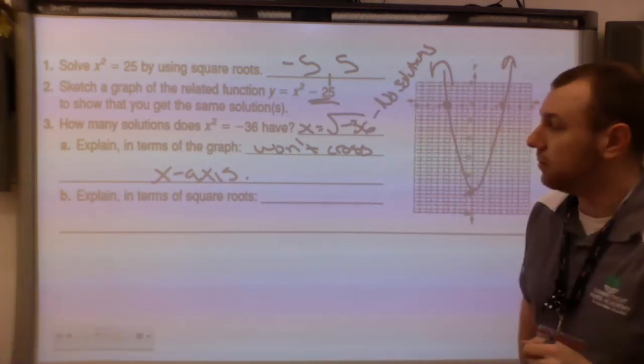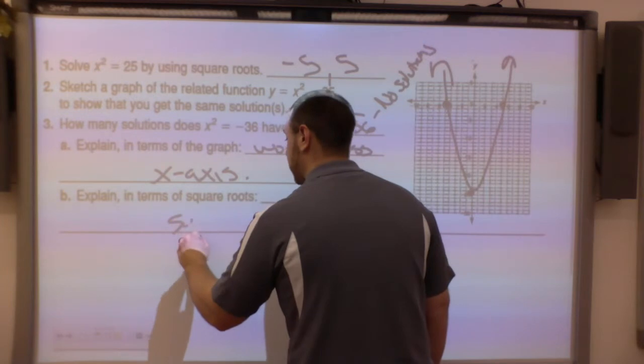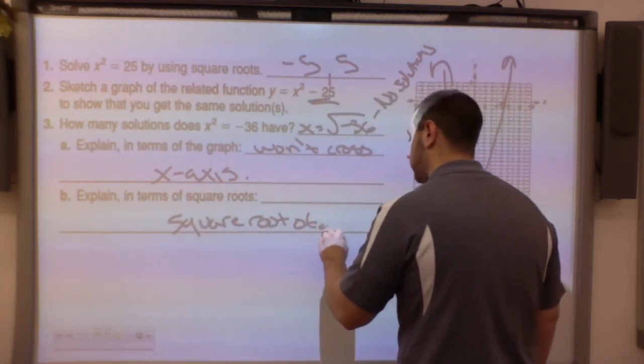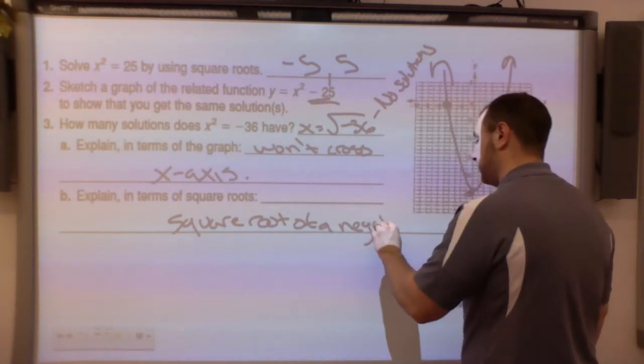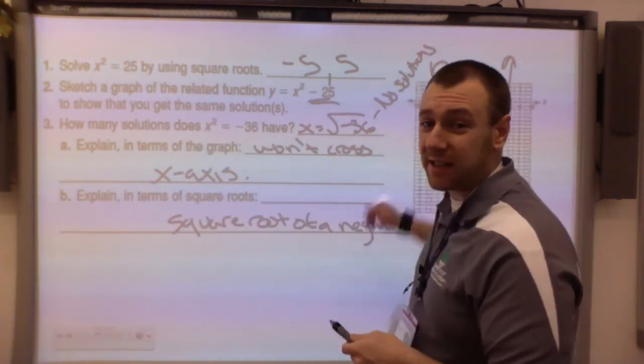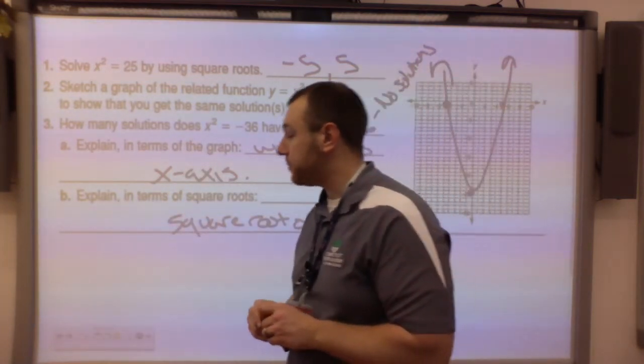And it means that it's going to be the square root of a negative. So in terms of the graph, it's not going to cross the axis. In terms of the square root, it's going to be a square root of a negative.